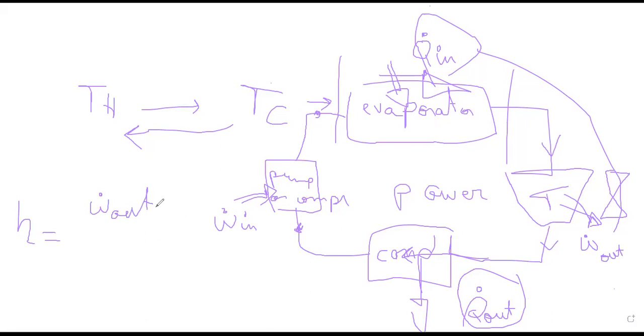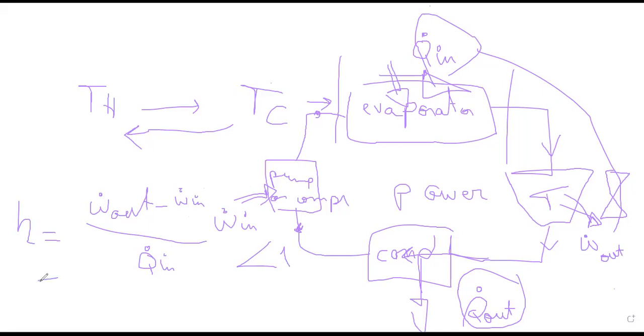This is why we consider the net work produced: W dot out minus W dot in, which is the net useful power, over the heat input, which is Q dot in.